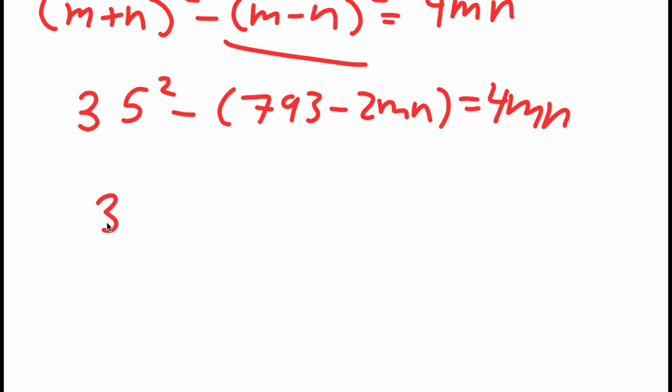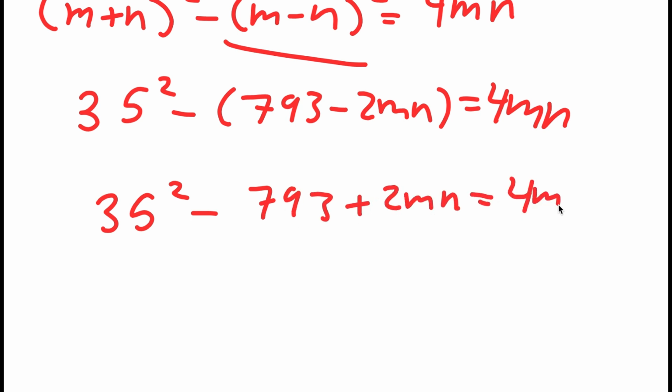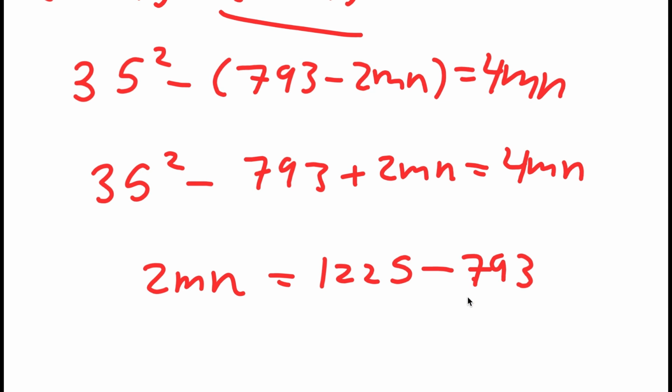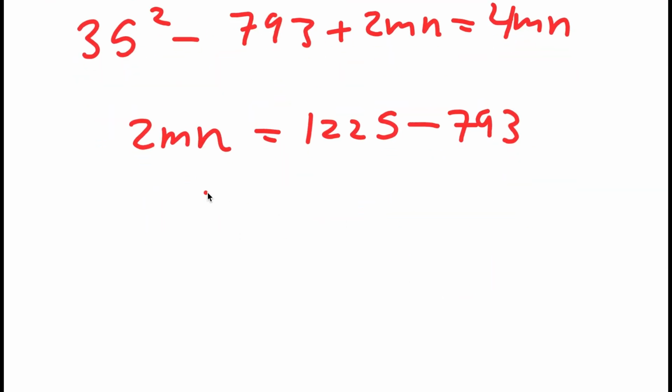So I get 35 squared minus 793 plus 2mn is equal to 4mn, meaning 2mn is equal to 1,225 minus 793. So 2mn is equal to 432.